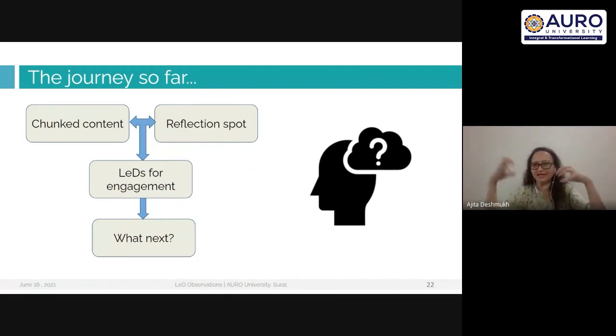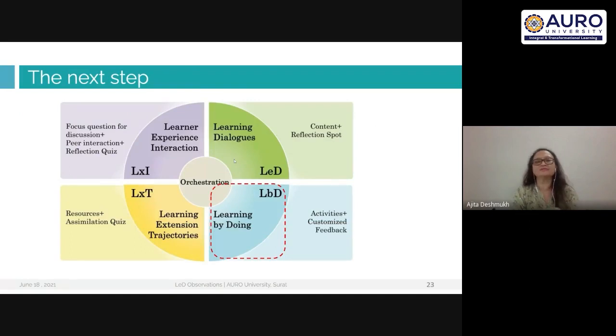Is it going to be scattered? That is where the LCM model comes in, because it will not allow things to be scattered or to remain as isolated chunks. Even though we are saying that an LED has to be chunked, it has to be placed in a big picture, and there has to be something more which can connect two LEDs. That is LBDs, the learning by doing, which we are going to do tomorrow.